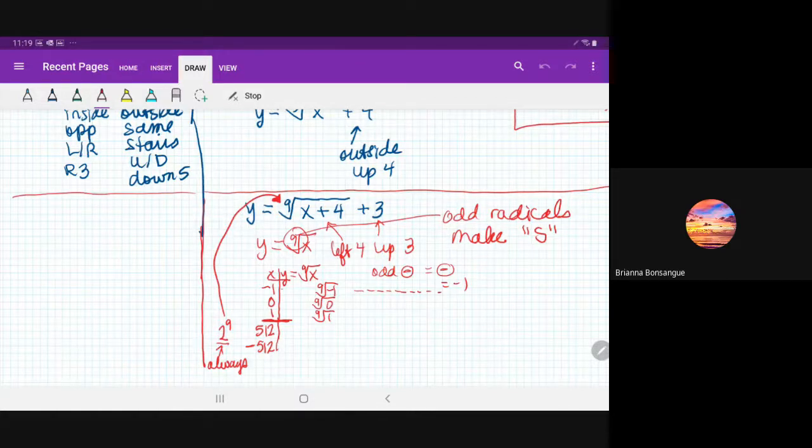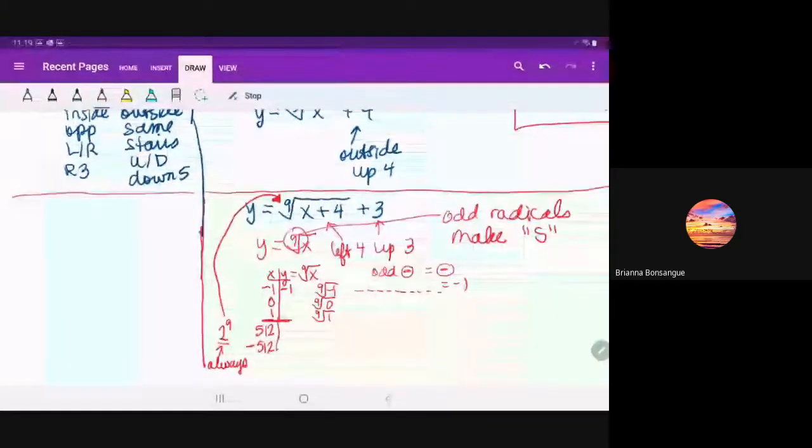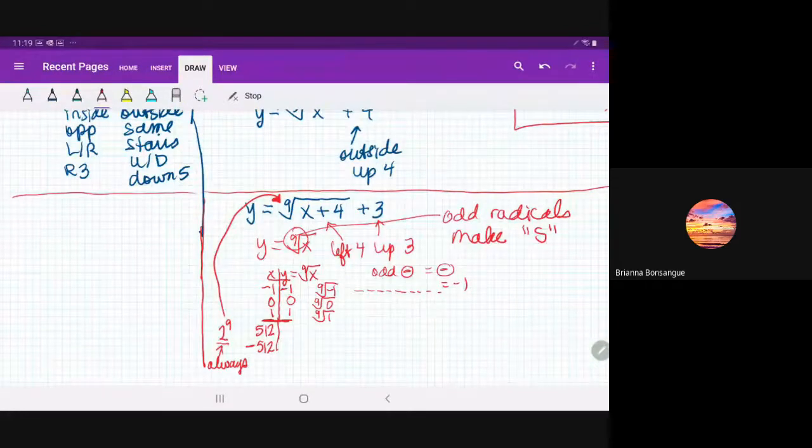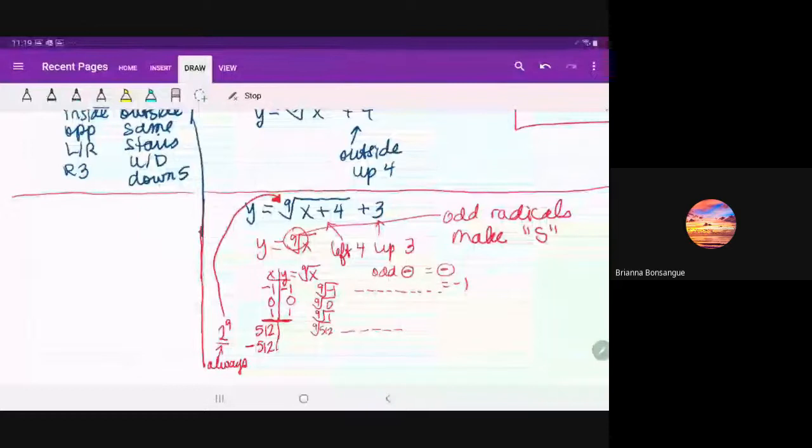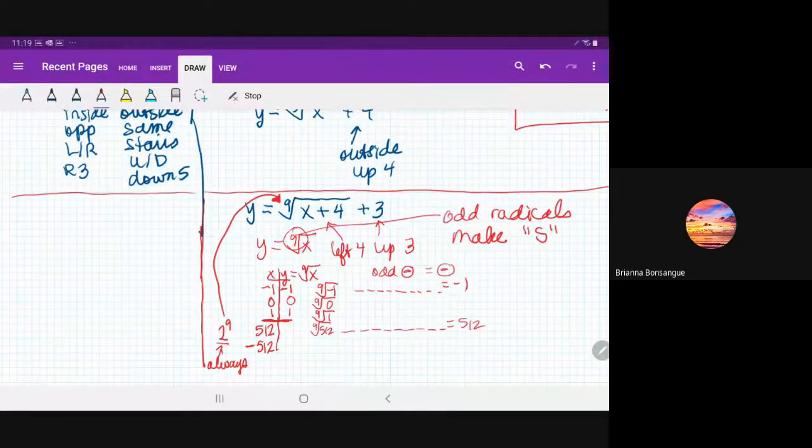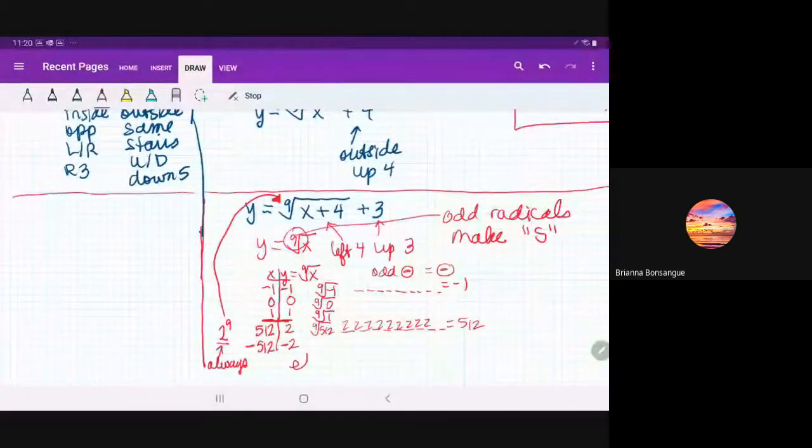Yes, so that's -1. And then what number multiplied by itself 9 times gives you 0? 0. 9 times by itself gives you 1. 9 times by itself gives you 512. We have no idea, except we designed it. We designed that number. So we know it's 2, because we're the ones who made it 2 to the 9th. So this is 2 here, and then this would be -2. And then we're going to put etc.